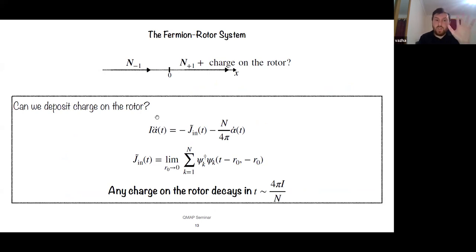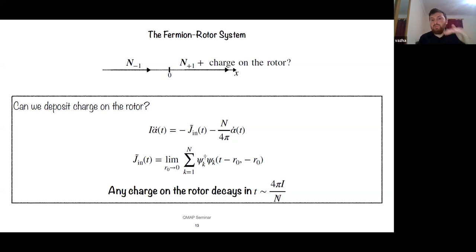You can write down the equation of motion for the rotor, and it will have the following form. It has an incoming current plus a friction term, including the rotor. Now, if you don't have a constant incoming fermionic current on the rotor, any charge or energy on the rotor will decay on the time scale 4 pi I over N. But remember that we should take I to be small to gap the system, to gap the ions.